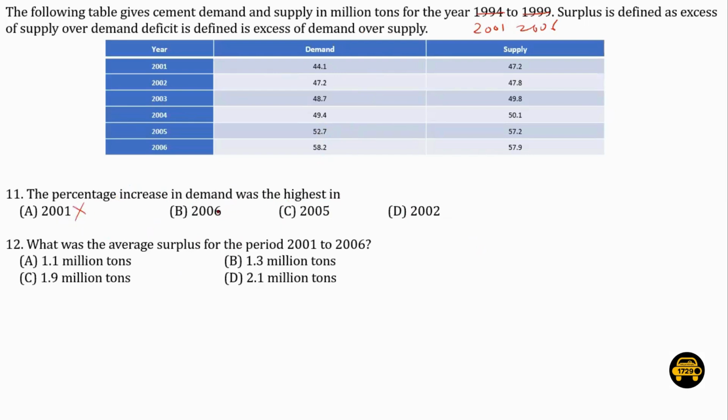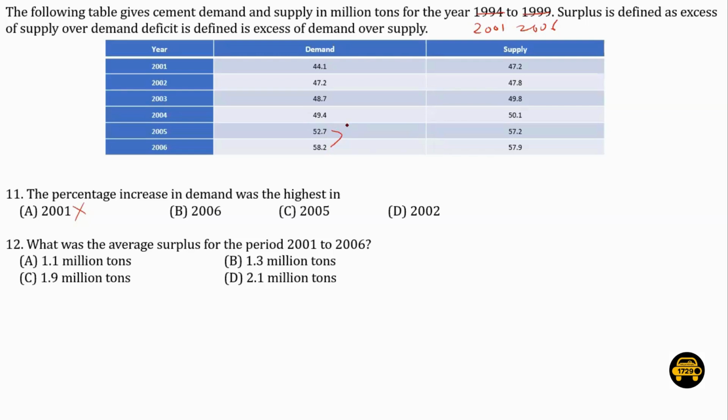Now about 2006. The demand in 2005 was 52.7 and it grew to 58.2.